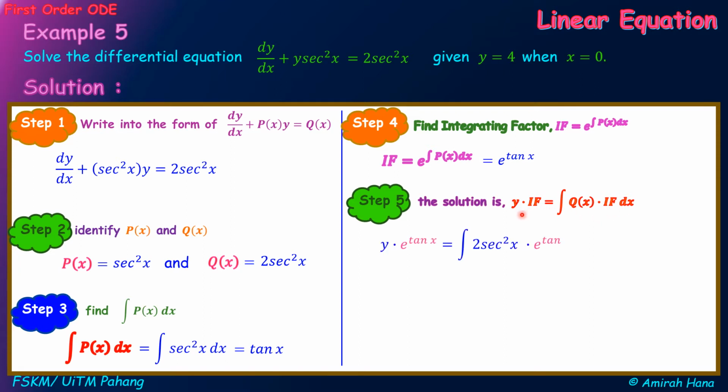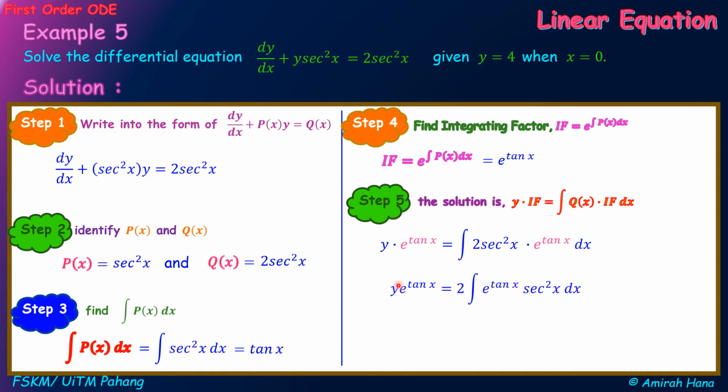So we have y times IF, where IF equals e to the power of tangent x, equals the integration of Q(x), which from step 2 is 2 sec squared x, times IF, which from step 4 is e to the power of tangent x, dx.